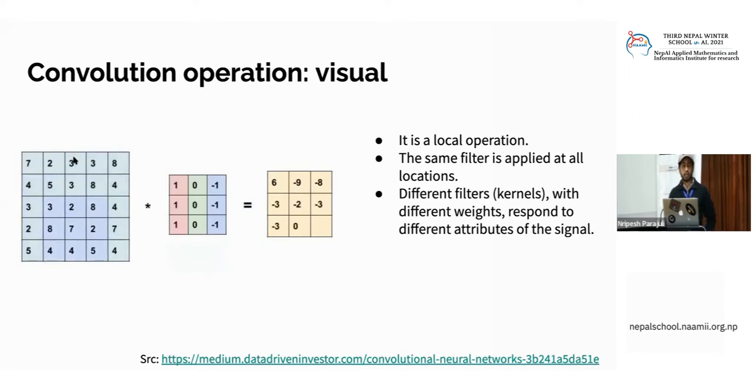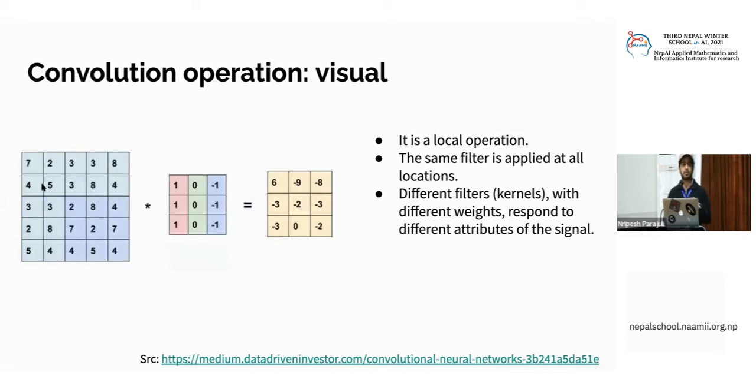Then we do element-wise multiplication and sum it. We talked about element-wise multiplication maybe even yesterday or the day before. In signal processing, the technical term is Hadamard product, but it's not important. Point being, this operator is applied here, on a part of the image of the same size.